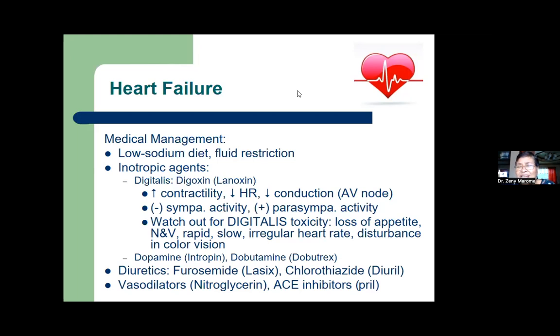At makikita nyo yan. Actually, in-specify talaga ng doktor: below 60, do not administer. Kasi, ano yung normal heart rate? 60 to 100. The first time that this was asked in the local board exam natin, punta mga estudyante, back to school.